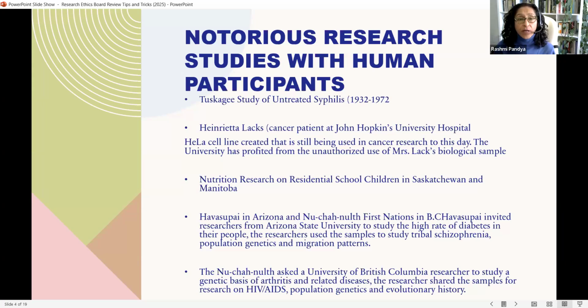There's also the case of Henrietta Lacks. I'm not sure if people have heard about this. She was a cancer patient at Johns Hopkins University Hospital. From a biopsy of one of her tumors, a sample was taken and was used for research. And out of that came the HeLa cell line, which is still being used today in cancer research.